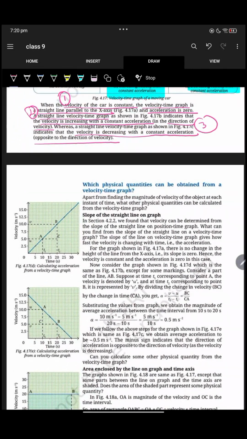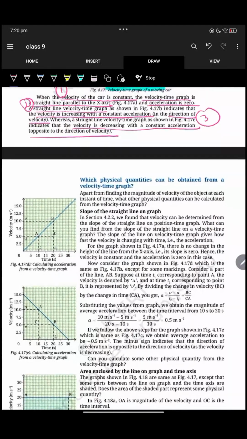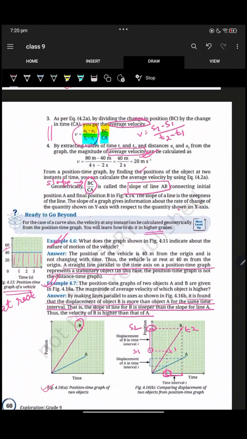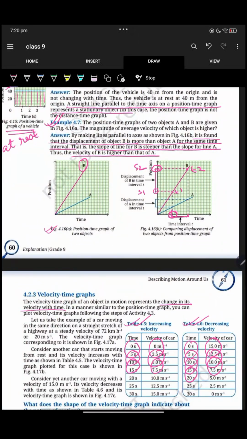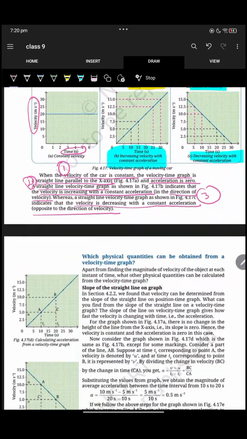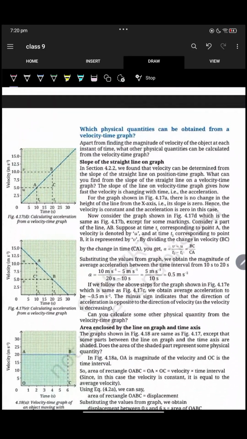Now, which physical quantity can be obtained from the velocity time graph? Like in the previous case, from the position time graph, which physical quantity did you get? You got average velocity, right? But here, from the velocity time graph, which physical quantity are you getting apart from finding the velocity of the object at each instant?